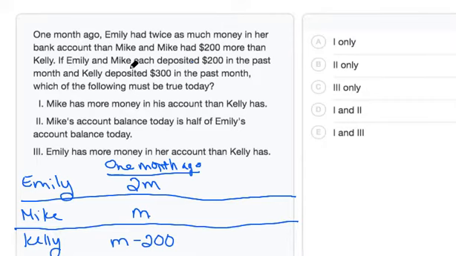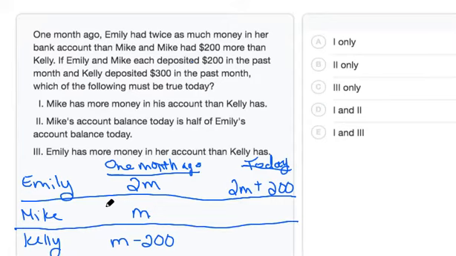If Emily and Mike each deposited $200 in the past 1 month, and Kelly deposited $300 in the past month, which of the following is true today? So let's go ahead and take a look at what their accounts would look like today with those deposits. If Emily and Mike each deposited $200, so we would have Emily deposited $200, so her previous balance, which would be 2M, plus the 200 she deposited.